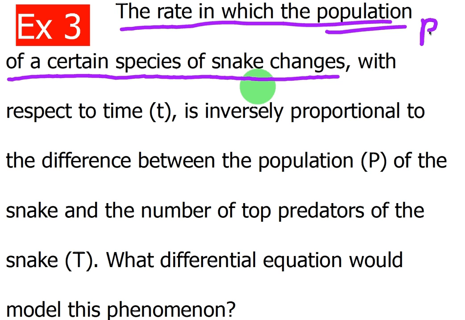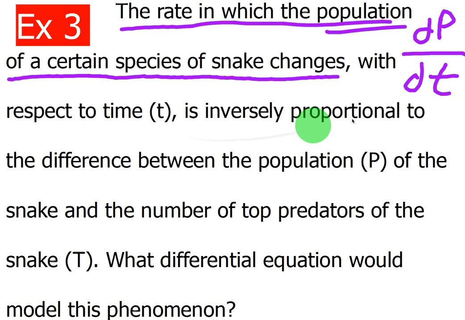So I'm just going to write dP dt again. In this case, it's not pressure we're talking about, we're talking about population, but I'm just going to write dP dt. Okay, on to the next thing. With respect to time, so you write it as over dt, is inversely proportional.